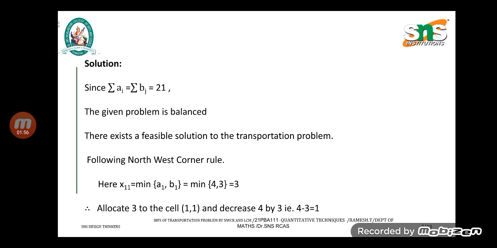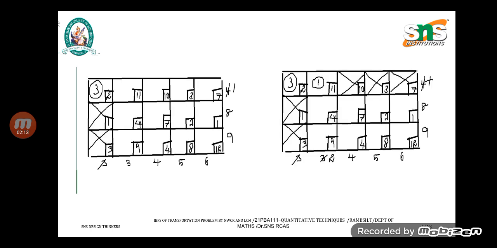Now we apply the North West Corner rule. We find the initial transportation cost and the initial basic feasible solution also. Here first we check the North West Corner cell, that is the minimum of A1, B1. In this cell we get the minimum of 4 and 3, that is equal to 3.